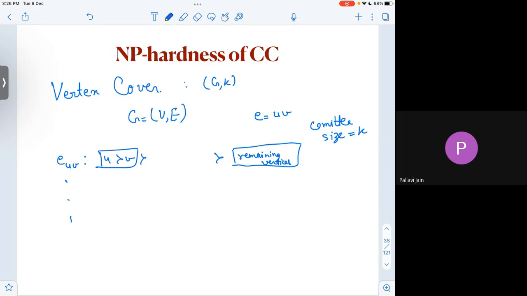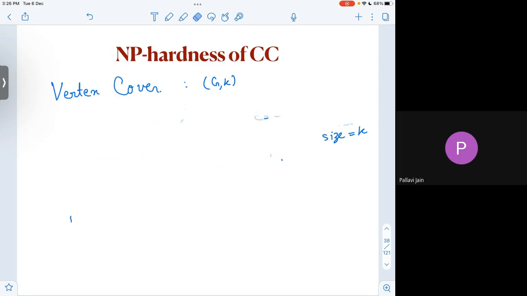Now let me erase this. Let's start, go slow. What do we want to do from vertex cover? We want to construct an instance of the CC problem. In vertex cover, what do I have? A graph G and an integer K. In the CC problem, what do I have?